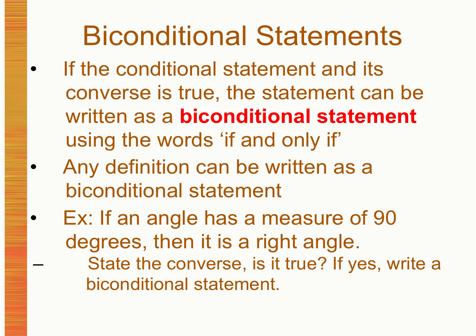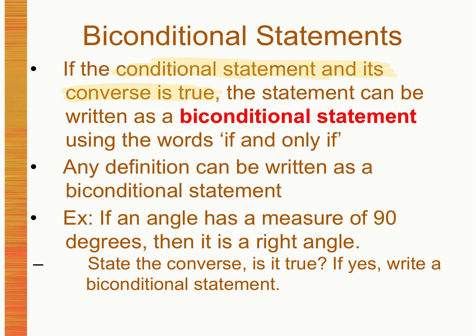Biconditional statement. The only time you're using it is when your conditional statement and its converse are both true. That's the only time you can use a biconditional statement. Super important: your conditional statement and your converse both have to be true.